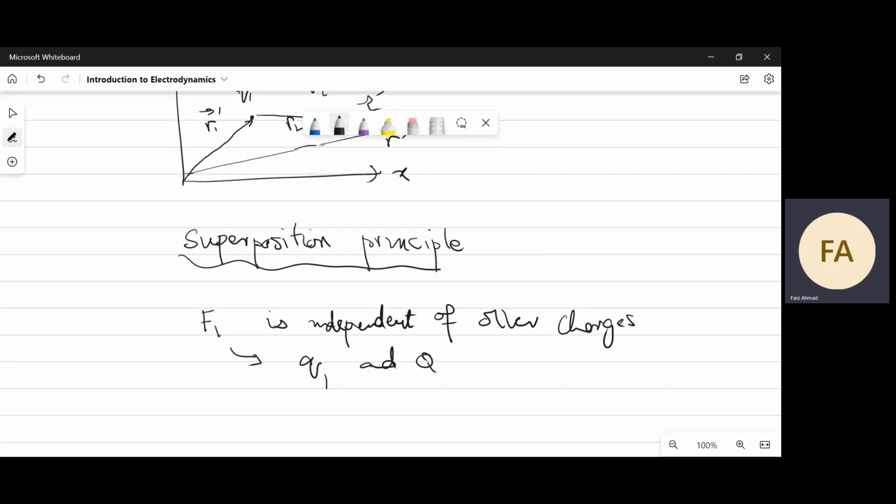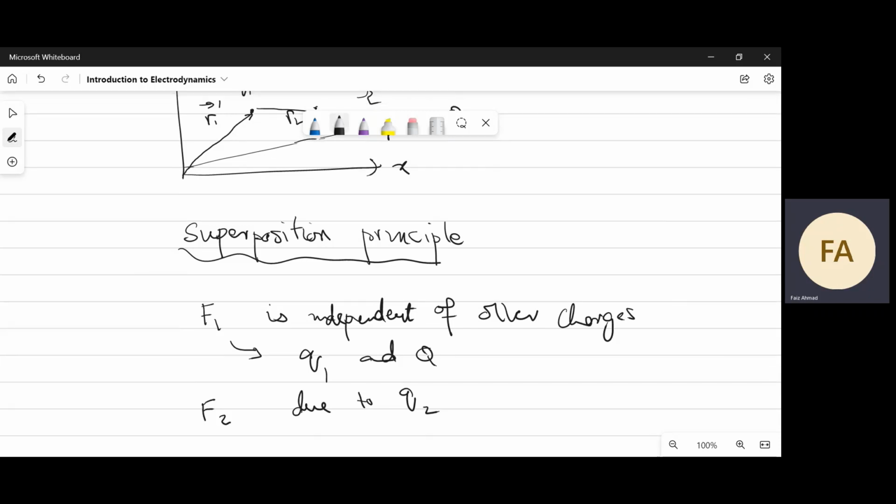That means if we want to find the force due to Q2, that is F2, it is unaffected by Q1 and Q3 and so on.